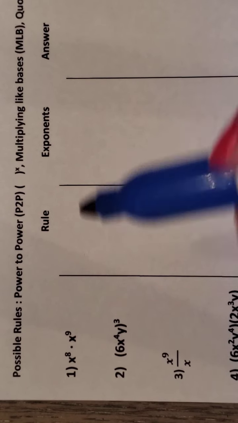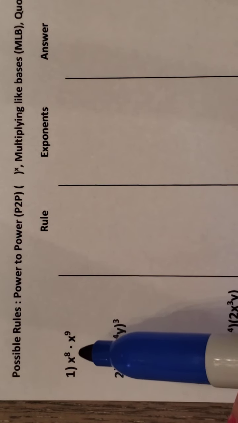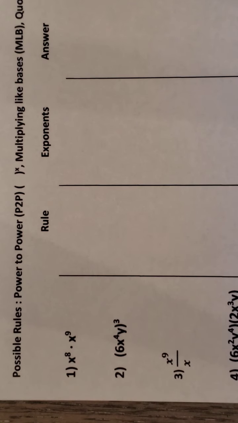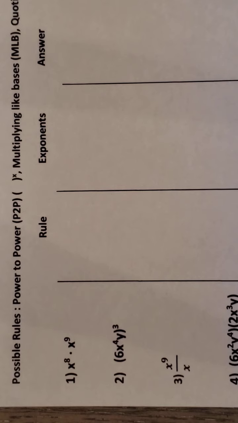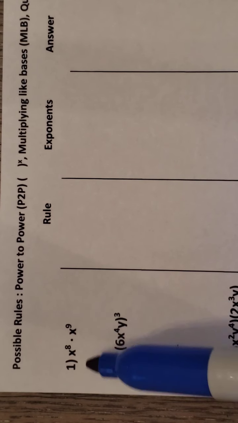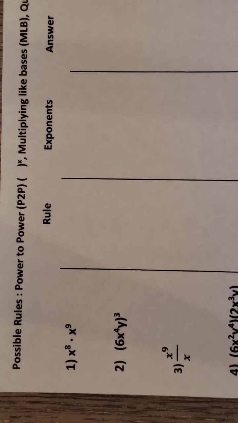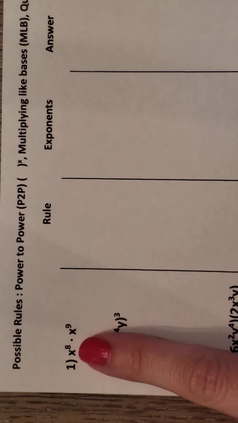So, this rule, first thing you want to think to yourself, is it power to power? Is there a parenthesis with an exponent on the outside? The answer is no. So this is either going to be the 0th power, MLB, or the quotient rule, the QR. In this case, there's a dot.